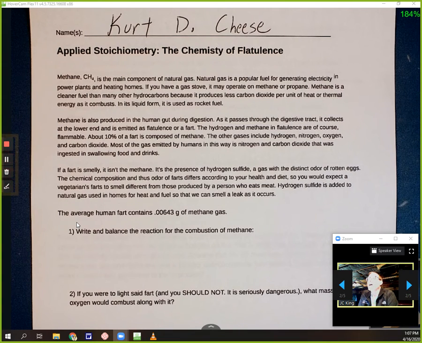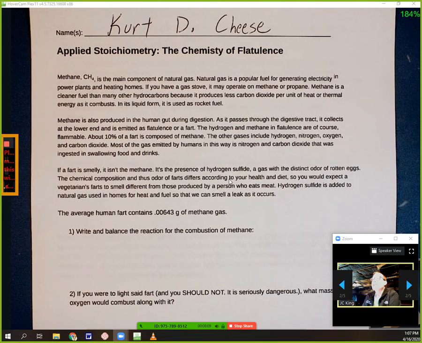And of course, the hydrogen and the methane in fart gas is flammable. About 10% of any given fart is made of methane. There's a bunch of other stuff inside there. However, it's not the methane that gives farts a bad smell. There's another gas inside there called hydrogen sulfide. It's the same odor you get when you have rotten eggs.